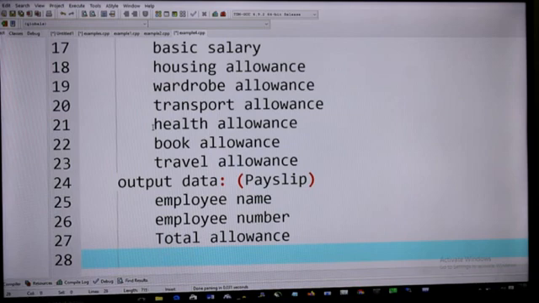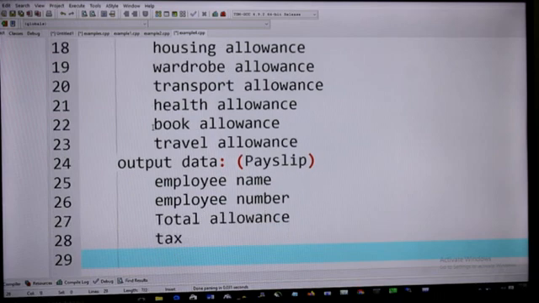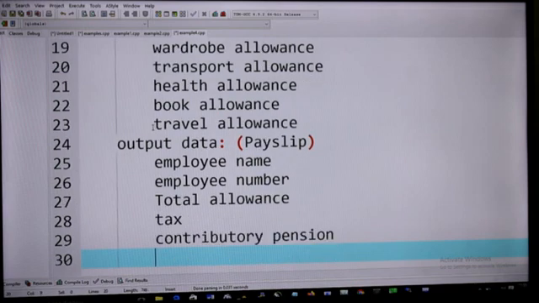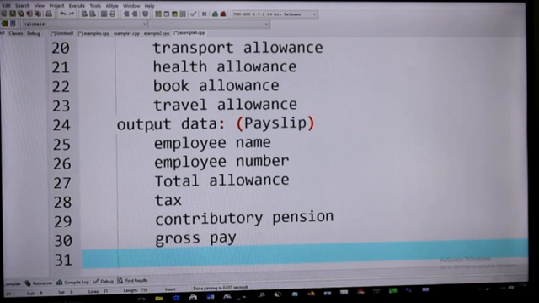We are going to have the tax. Somebody must know the tax he or she is paying. We are going to have the pension, the contributory pension deduction. Then we are going to have the gross pay. And we are going to have the net pay. So all these things must be clearly stated on the pay slip.